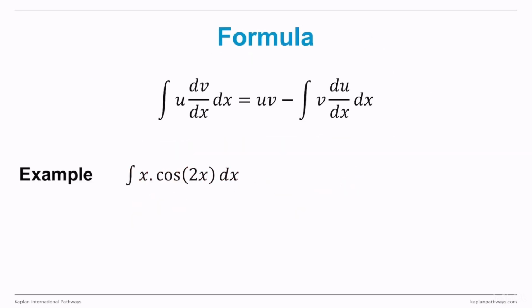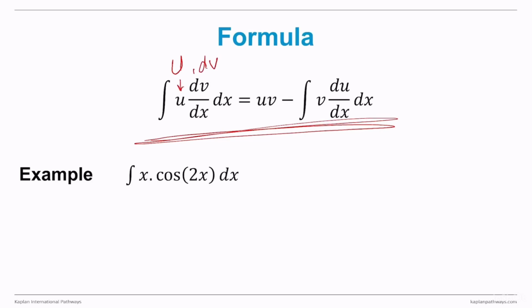Okay, so for example here we have x multiplied by cosine 2x dx. What we're going to do is let u equal x and dv be cosine 2x, because this formula here is u dv, as you can see, u and dv.